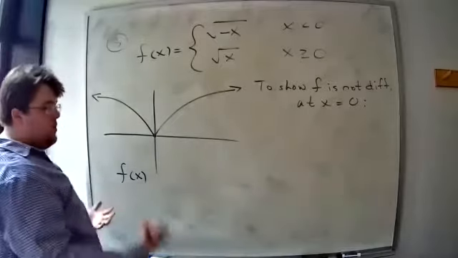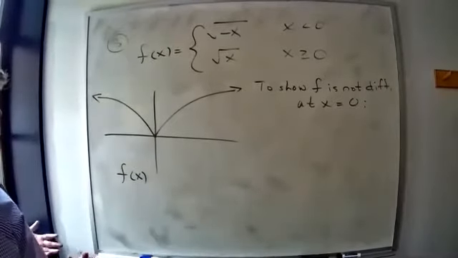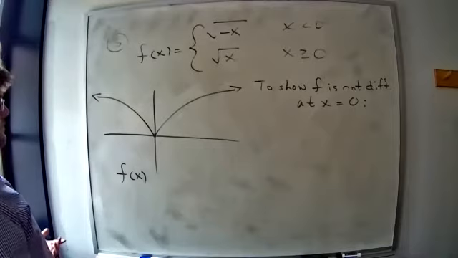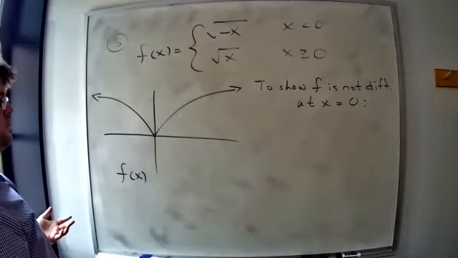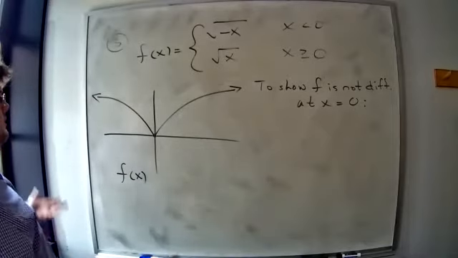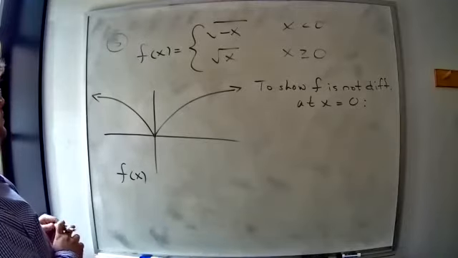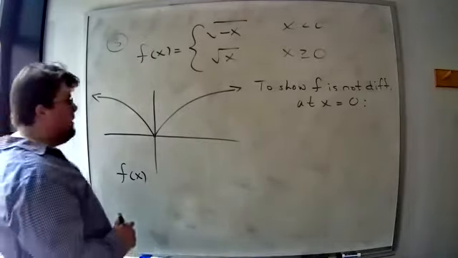So for the corner function, we used the definition. For the vertical tangent, we used the power rule. This one, I guess I'll show both because we can do both here.